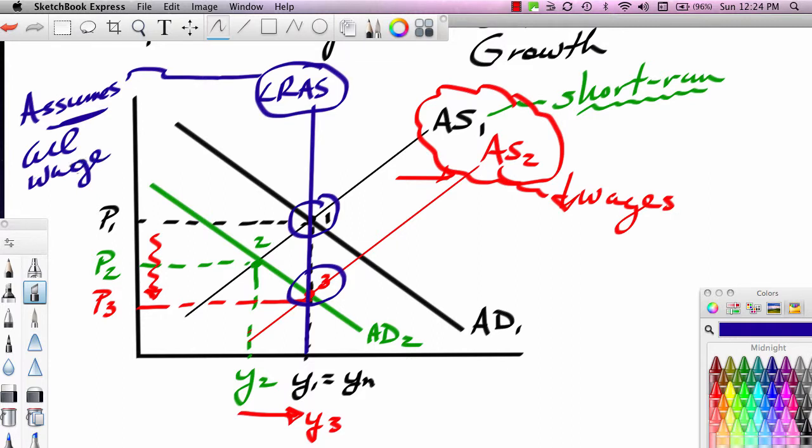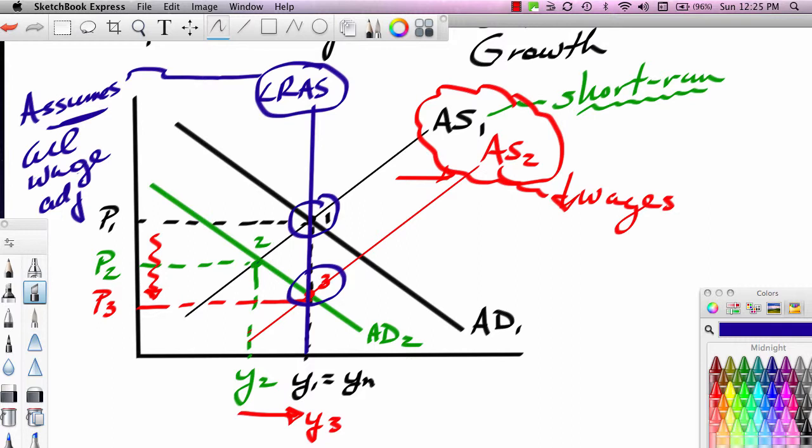All wage adjustments have taken place. Okay, so notice when you're out here at point 2, you are off the long-run aggregate supply curve. You're basically off the long-run aggregate supply curve when wage adjustments haven't taken place.